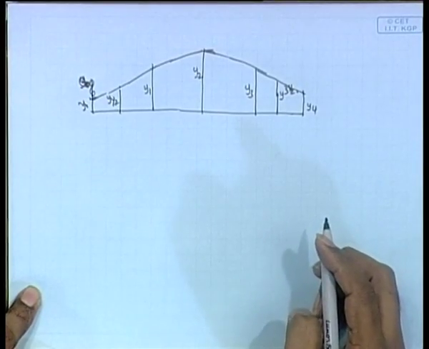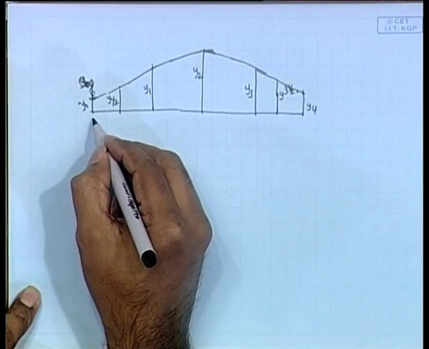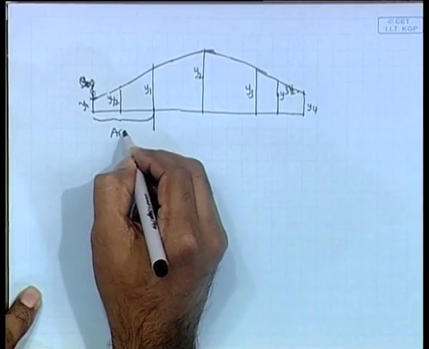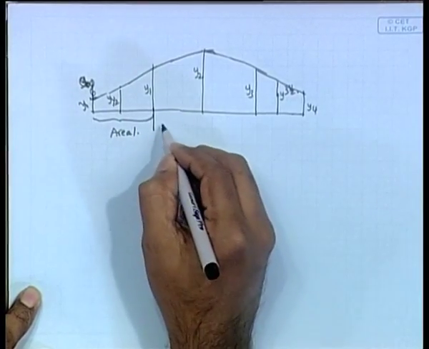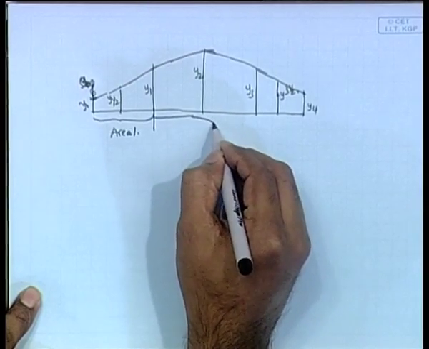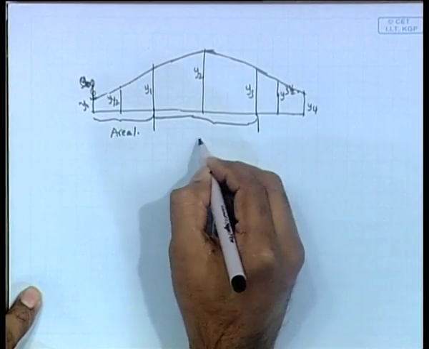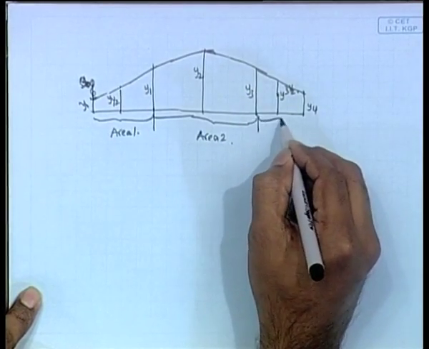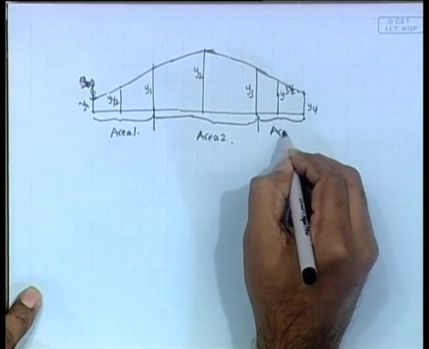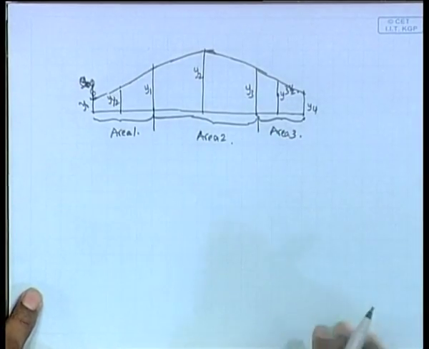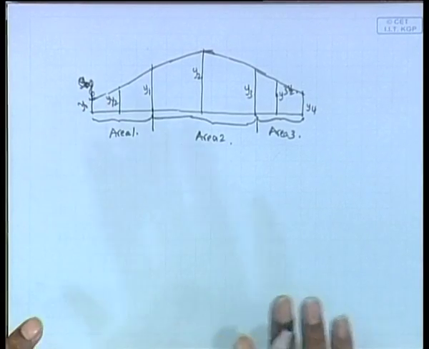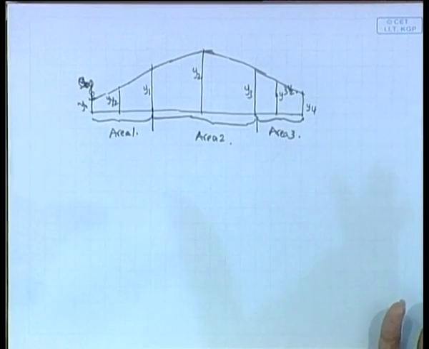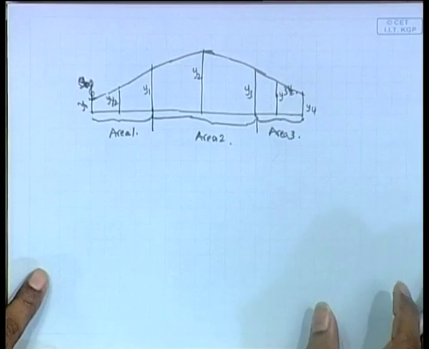The simplest method is to first take these 3 points and find the area of that, area 1, then take these 3 points and find the area, area 2, and take these 3 points and find the area, area 3. So we have split the whole problem into 3 sections, and since our goal is to find the area, we will just add these 3 areas.